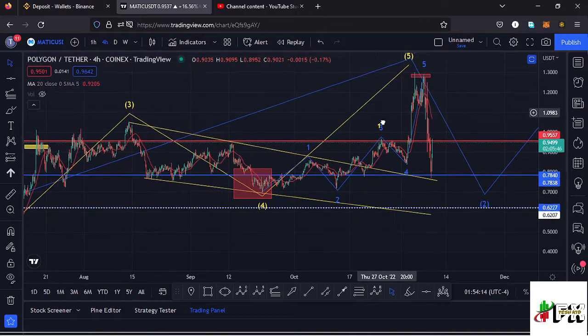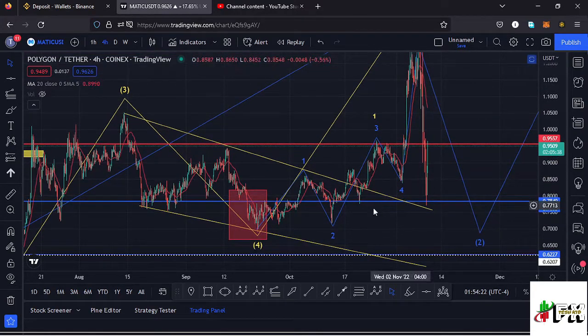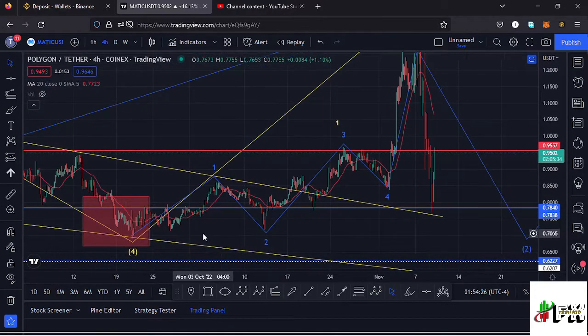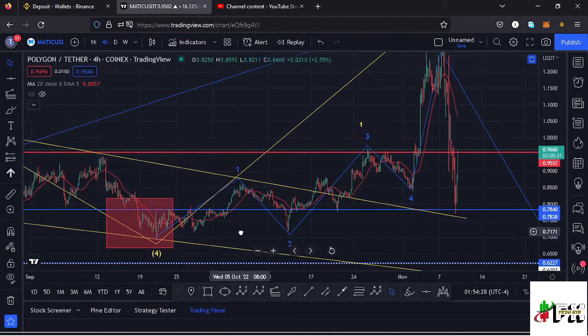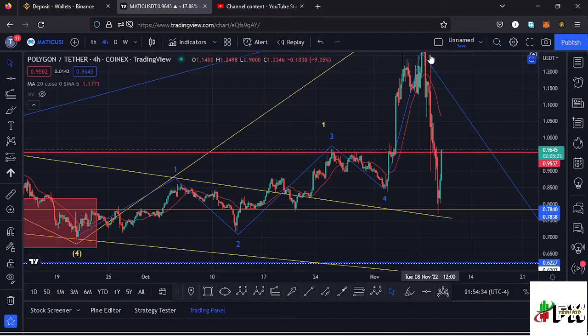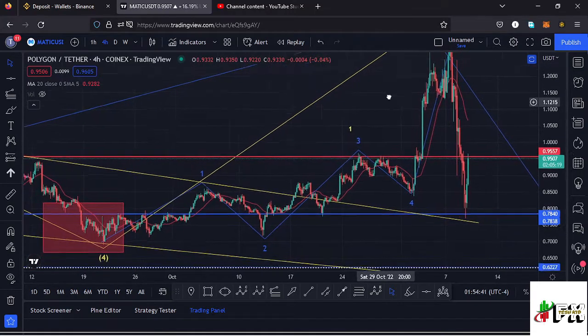Within that wave 5 to the upper side, which is an impulsive wave, I also expected to see fractal waves in formation. After making our low at around the $0.69 mark, we saw such a movement, having these as the wave 1, then a wave 2, a wave 3, a wave 4, and then a wave 5, completing that higher Elliott wave count 5 to the upper side, and also that higher Elliott wave count 1 to the upper side.